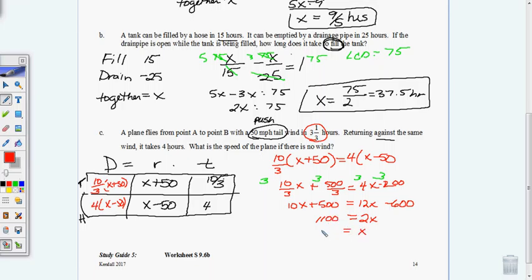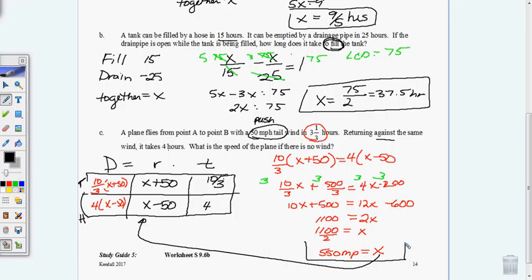X is going to equal, did I add or subtract wrong? 1100 divided by 2, and that is 550 miles per hour, which x would be. Now, they asked for the speed of the plane if there's no wind. Is x the speed of the plane if there's no wind? Yep. Done.